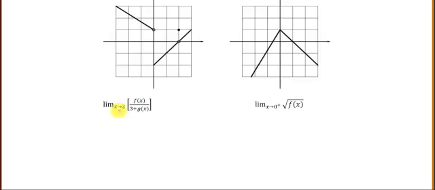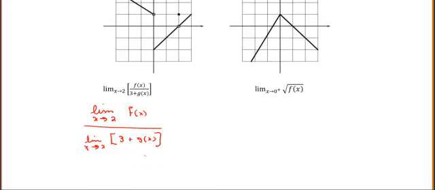The limit as x approaches 2 of f of x divided by 3 plus g of x. Well, if we use that principle, this would be the same thing as the limit as x approaches 2 of f of x divided by the limit as x approaches 2 of 3 plus g of x. And the limit as x approaches 2 of f of x is 0.